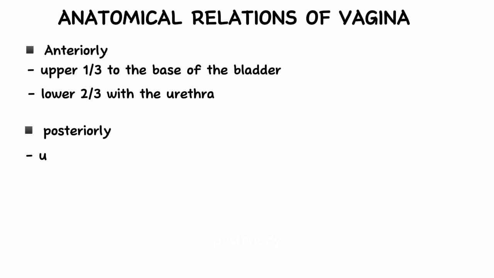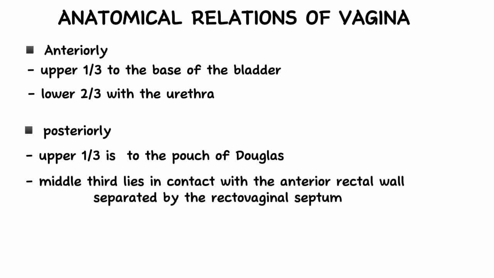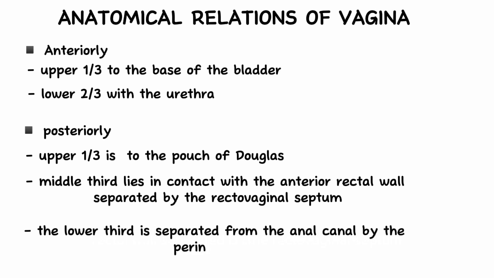Posteriorly, the upper 1/3 is related to the pouch of Douglas. The middle third lies in contact with the anterior rectal wall, separated by the rectovaginal septum, and the lower third is separated from the anal canal by the perineal body.